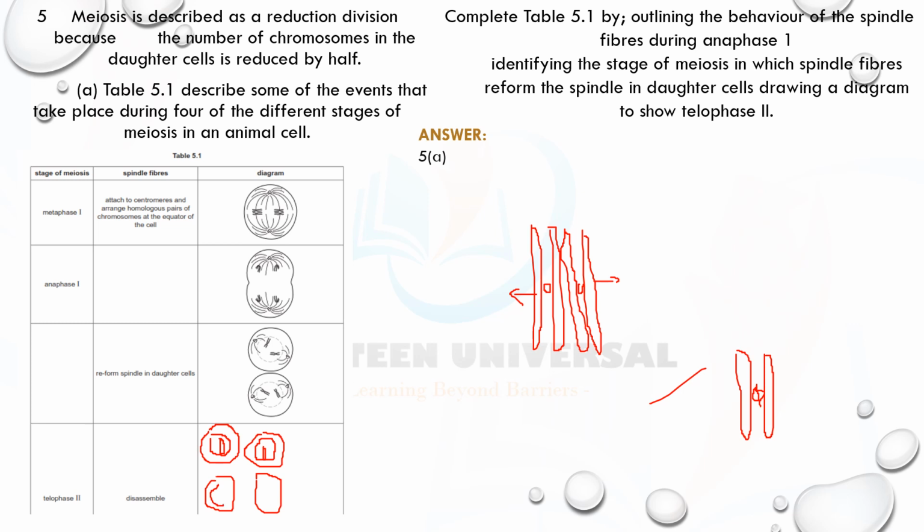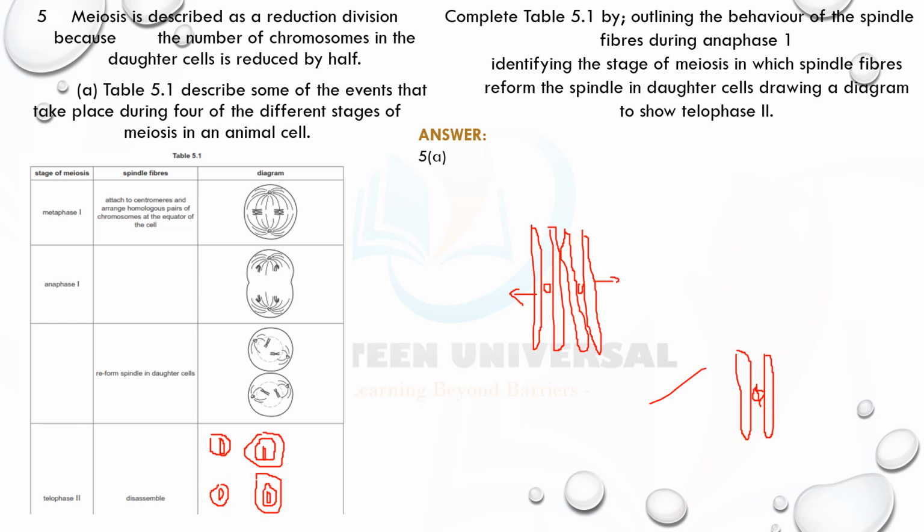But you see, what I've drawn here is when cytokinesis has occurred. See what you're supposed to do. Don't worry, let me finish. You have to draw it as telophase. So what I'm supposed to do here, look at this. Remove this, remove this.